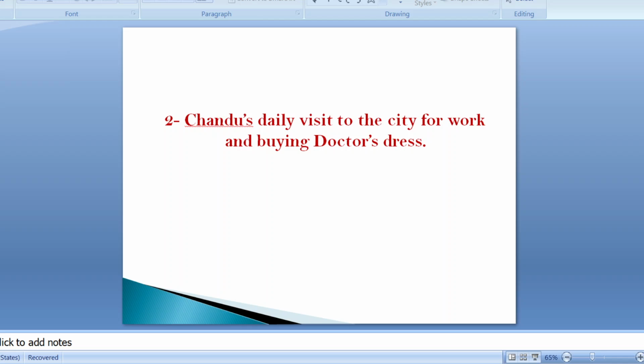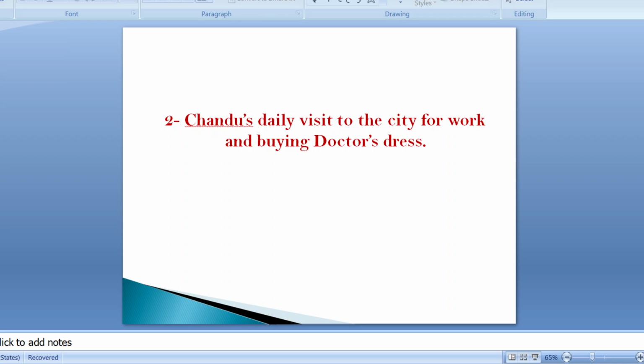This shows his intelligence and wittiness. It shows Chandu was a witty boy. Although he belonged to the lower hair cutting caste, he had much intelligence and wit, and this shows that he wanted to earn more money.